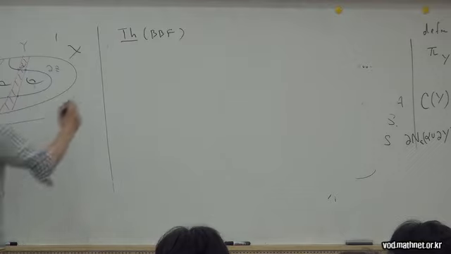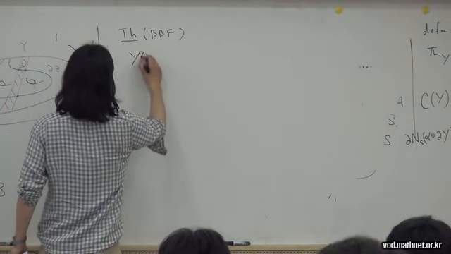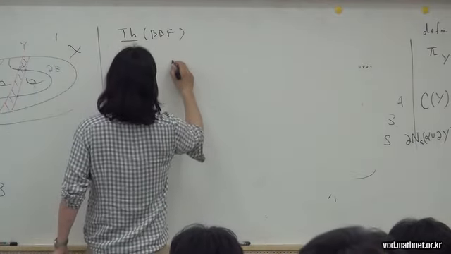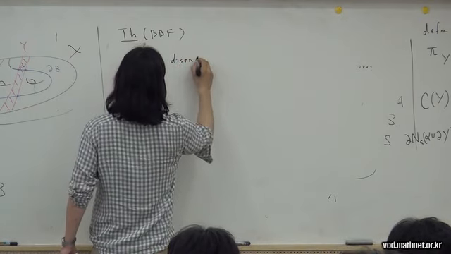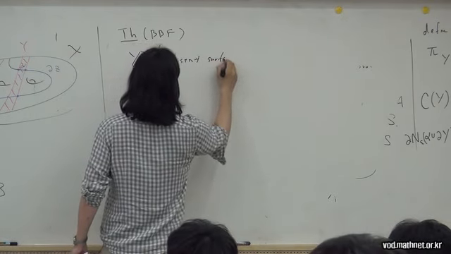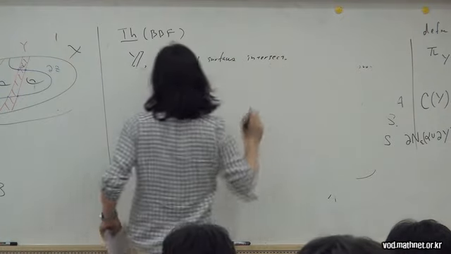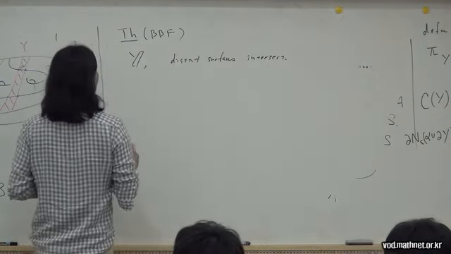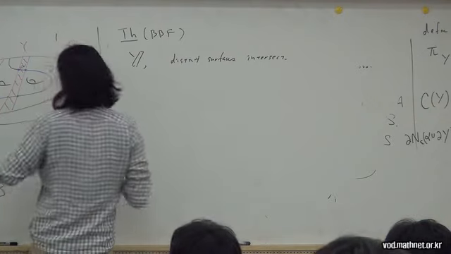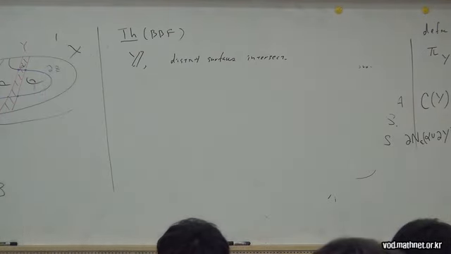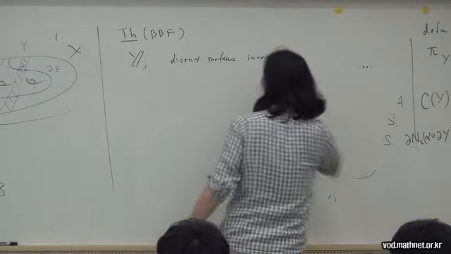So this setting, it was what? So this is Y. So distinct surfaces intersect. Okay, maybe I just.